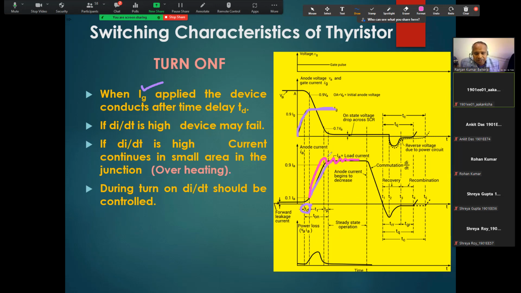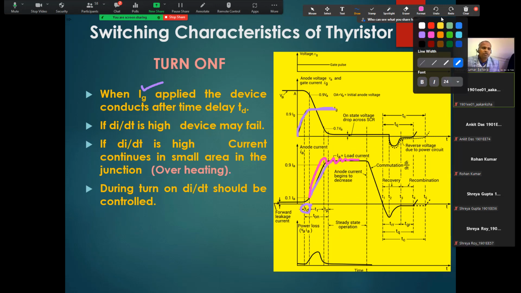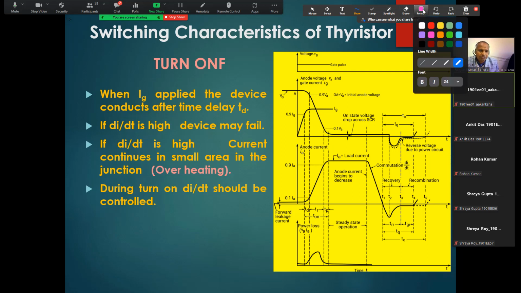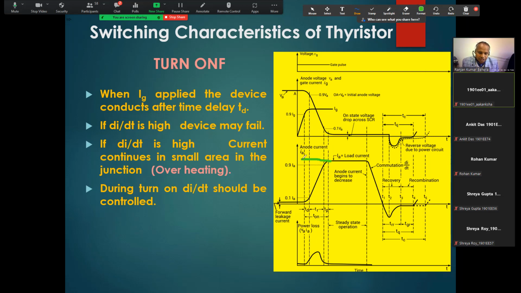So during the turning on, what is the problem? The di by dt is very high, because there is a large current change from 0 to this current, the anode current or the load current. You can see that this is a very large current and this is a small current.